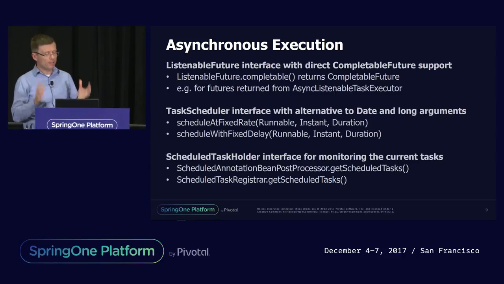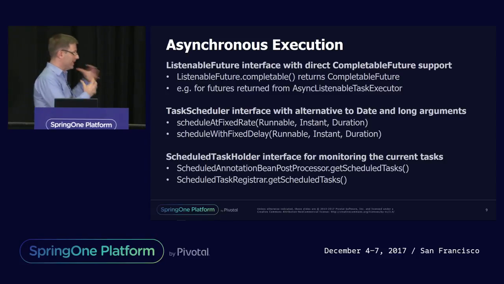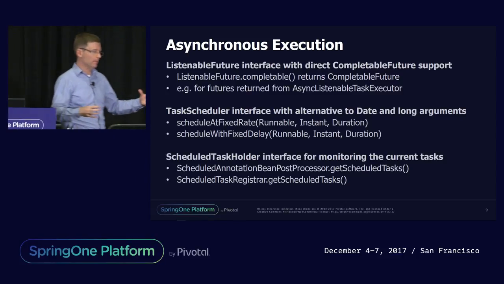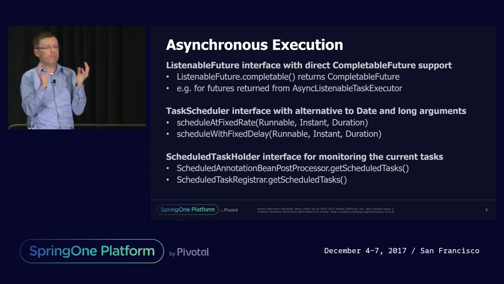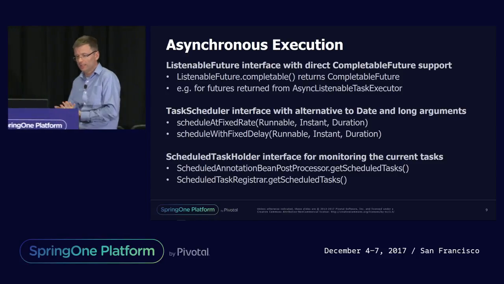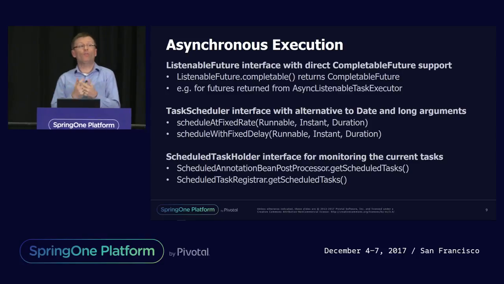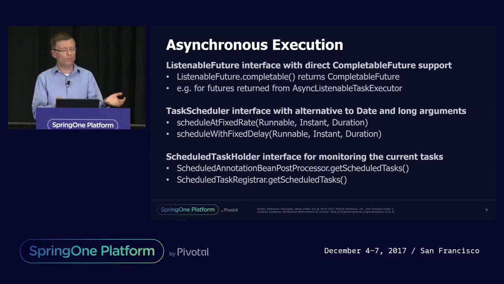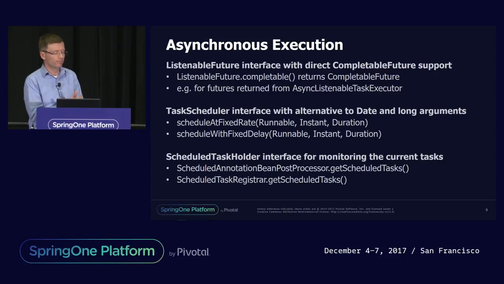useful. You can ask the context for all ScheduledTaskHolders, which will basically give you a complete representation of all the currently scheduled asynchronous tasks sourced from anywhere, whether from @Scheduled or from programmatic scheduling, you're going to see a complete representation.